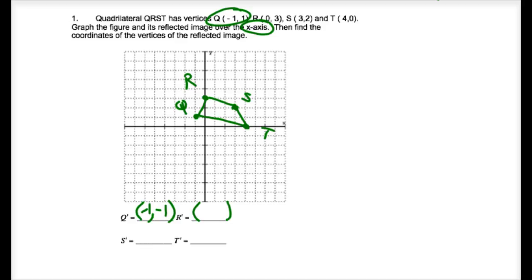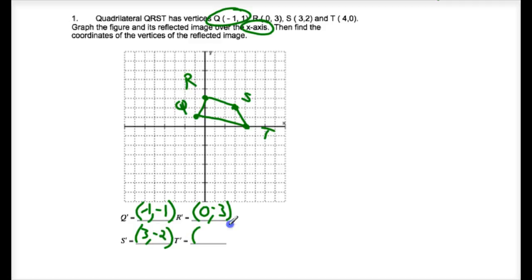Minetti, what's R prime? R prime is 0, -3. Genius. He kept X the same, and he switched the sign on the Y value, or multiplied it by -1. Connor, what's S prime? 3, -2. You got it. 3, -2.